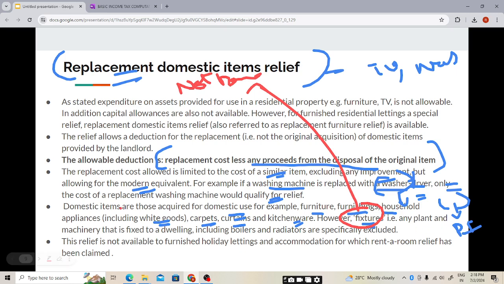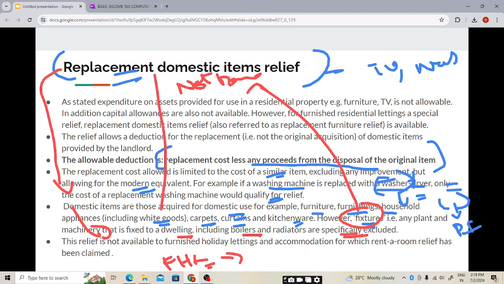Any plant and machinery that is fixed to the dwelling including boilers and radiators are specifically excluded. This replacement domestic relief is not available to FHL business, furnished holiday letting. We will be covering what the conditions are such that a property will turn into an FHL letting. On that, this relief will not be available. And rent a room relief.